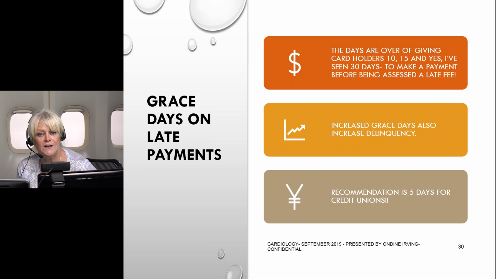The parameter setting at the processor had been accidentally input as $2.50 instead of $25 for the late fee. And this was going on for 3 years. Could they get all that late fee income back from the processor? No, because most contracts give you 3 to 6 months to find an error and report it. So everybody needs to do a late fee income audit.